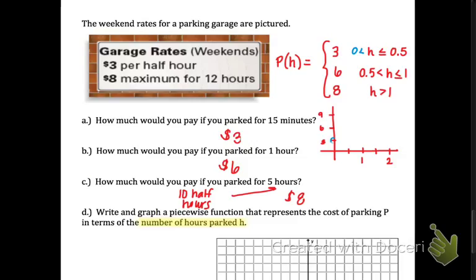So we would have an open circle here, and that would go up to and including a half an hour. That's a constant section, so it would be a flat line. Then we go up to 6. We wouldn't include this here, but that would go constant up to 1. Then we would go up to 8, which is going to be a little bit in between, and that would be for any values that are greater than that.